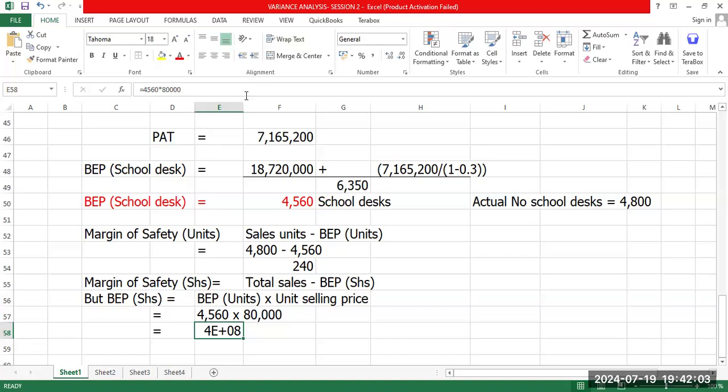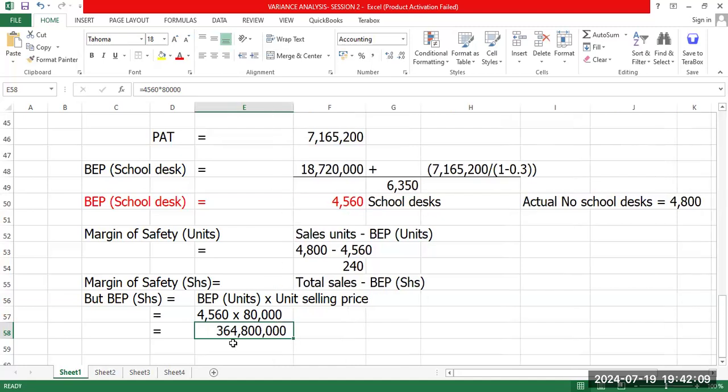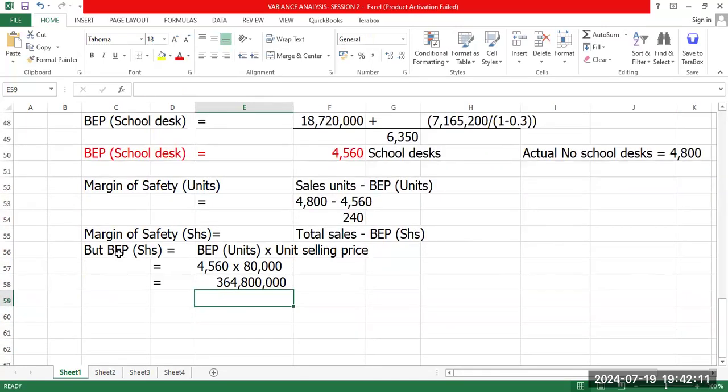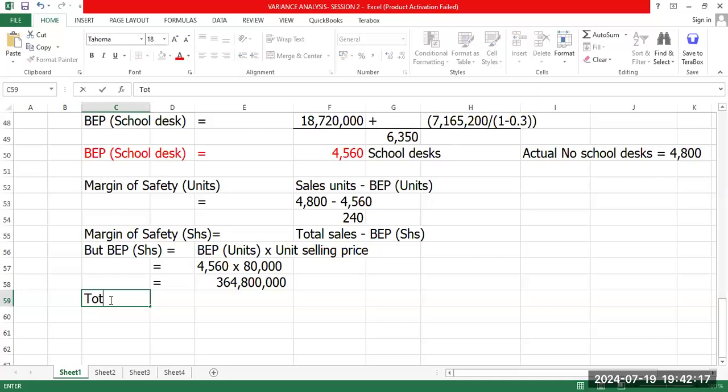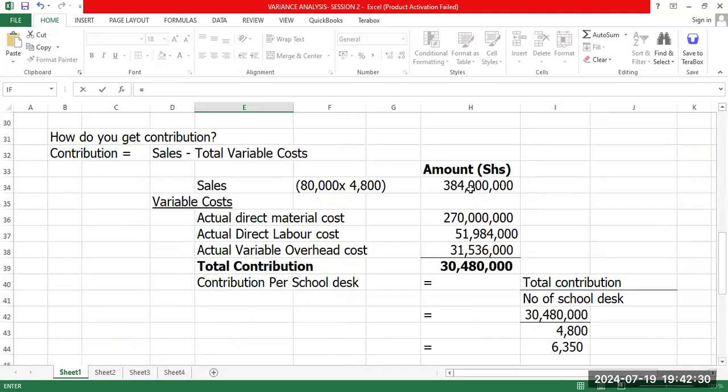That's what I have as my break-even point in amounts. Then what about total sales? These are our actual total sales.